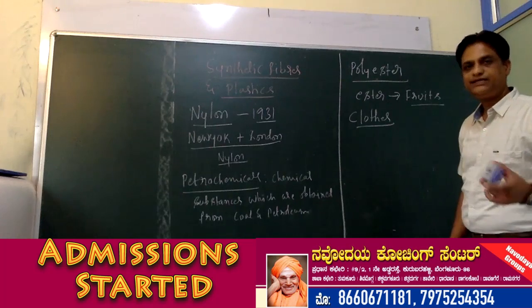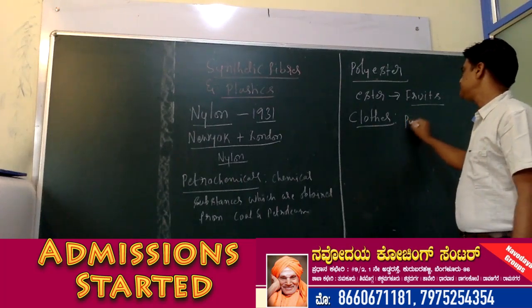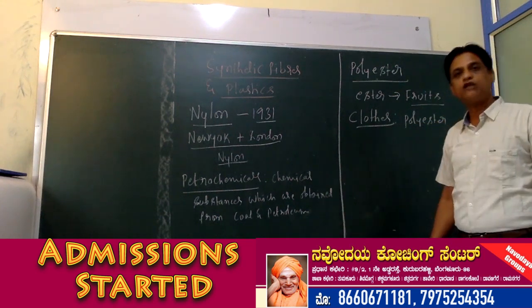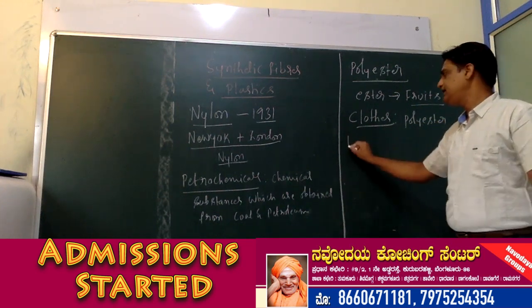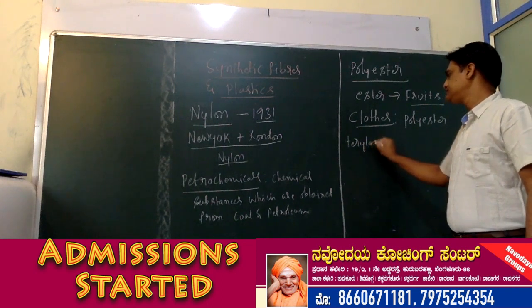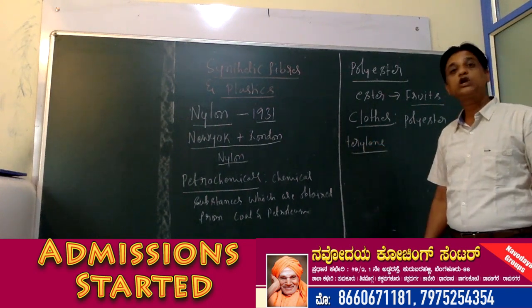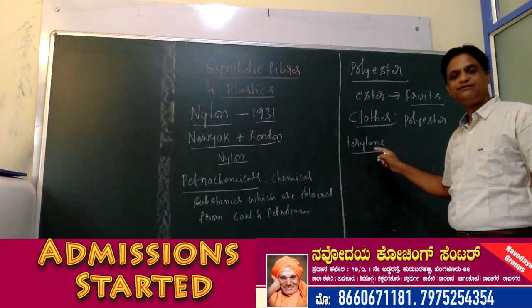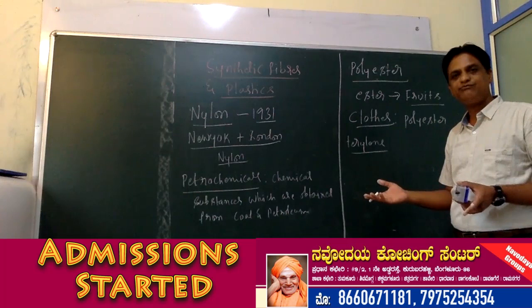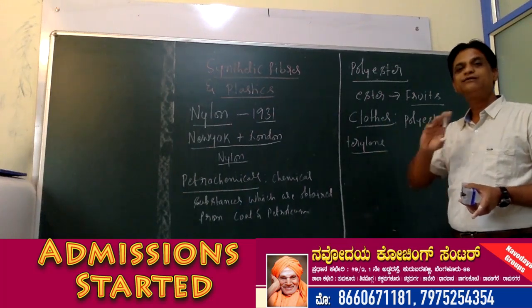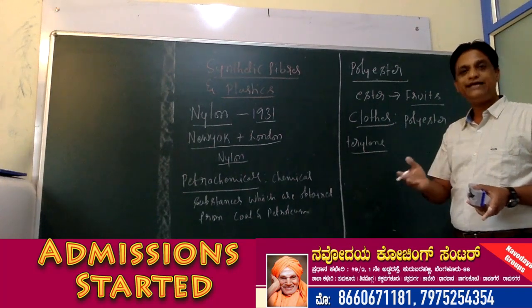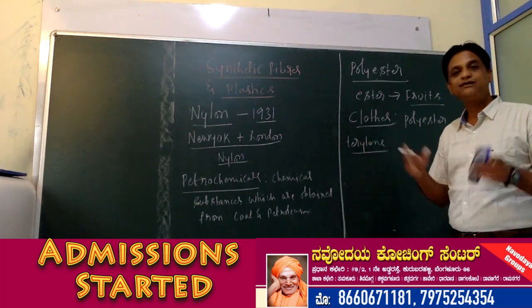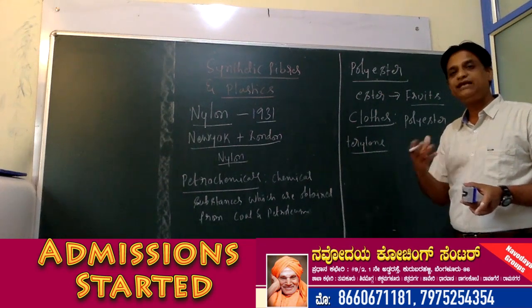I think you might have heard about polyester cloth, and similarly about terylene cloth. So polyester and terylene are one and the same, mainly used to prepare fabrics. That is, in textile industries, polyester and terylene cloths are mainly prepared.